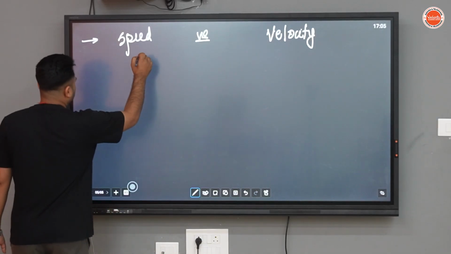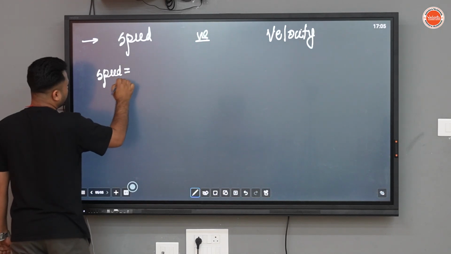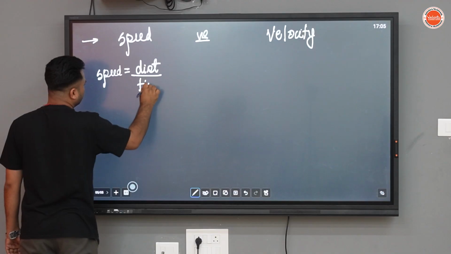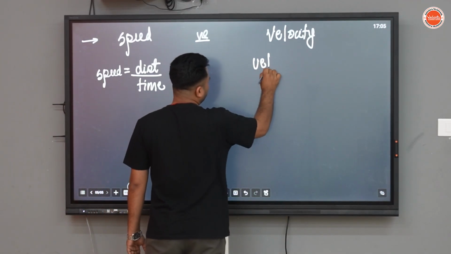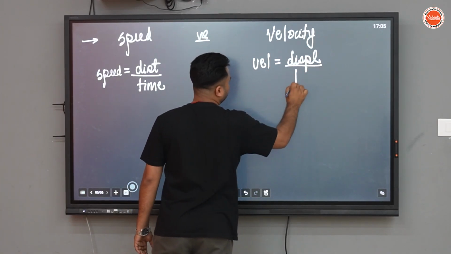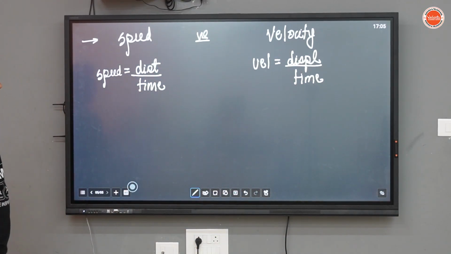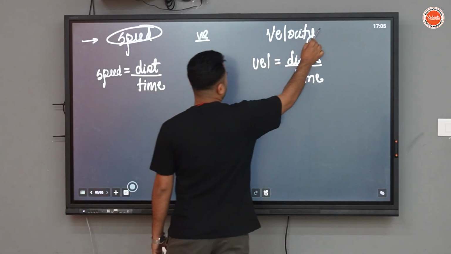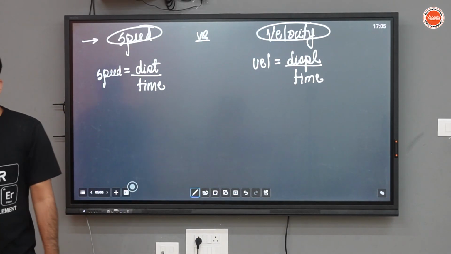So we can write the speed formula: distance by time. However, velocity equals displacement by time. Speed is a scalar quantity. Velocity is a vector quantity. Speed is distance by time, velocity is displacement by time.